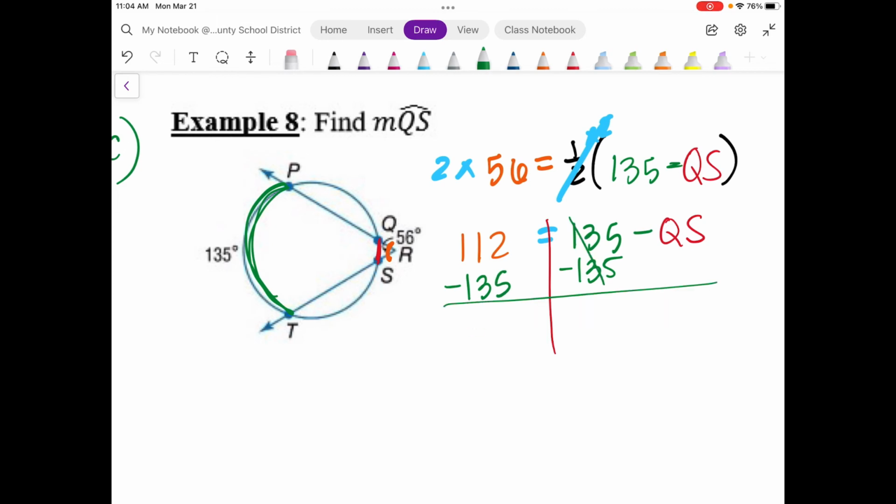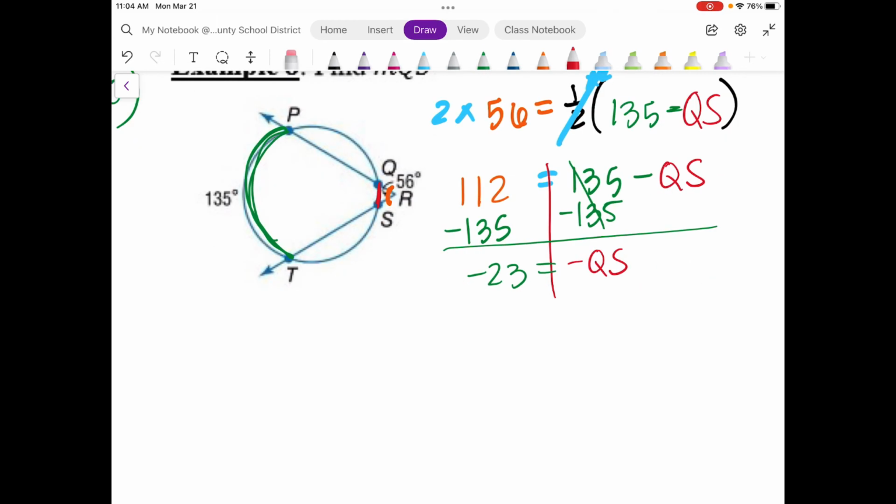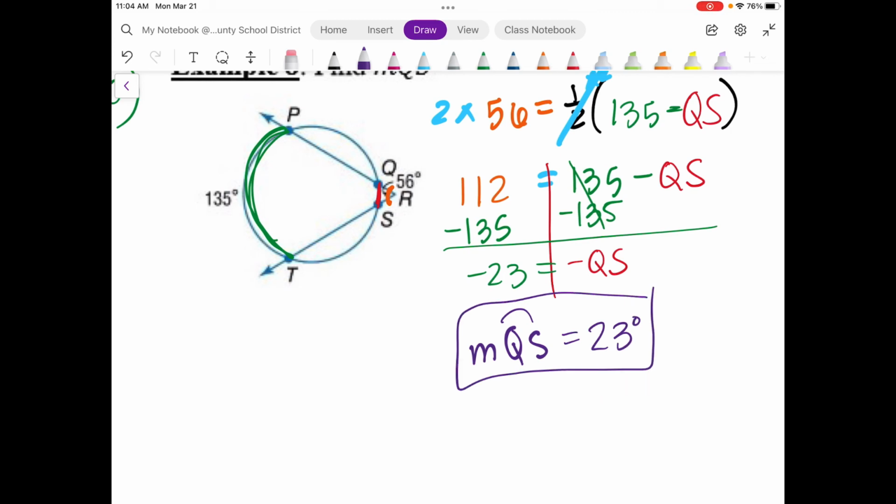That gives me negative 23 is negative QS. And again, because they're both negative, you can kind of just go straight to the measure of QS is positive 23. You want to make sure your answer is positive. So if one side is negative, the other one is probably going to also be negative because they need to cancel out. Okay.